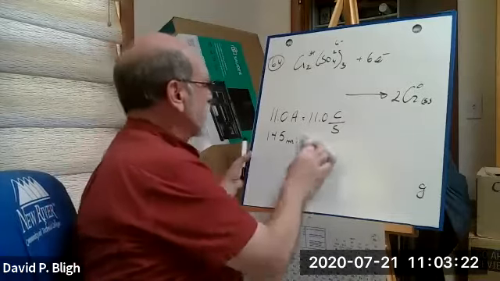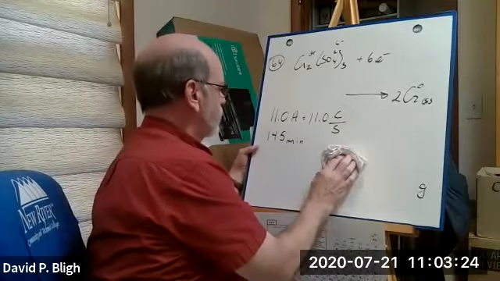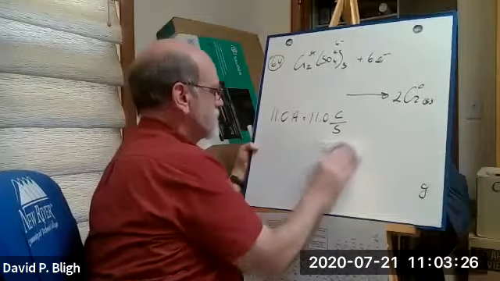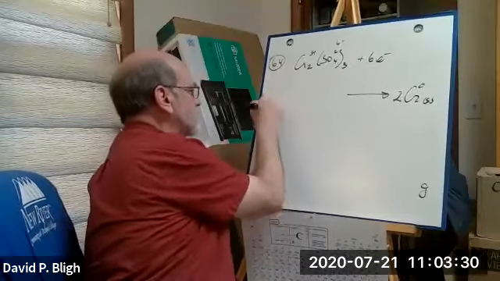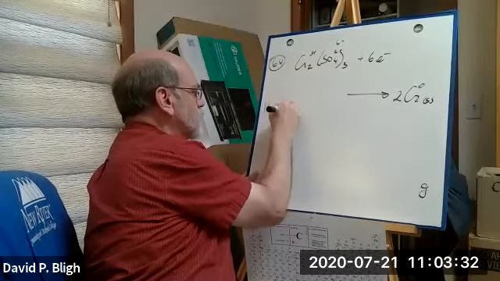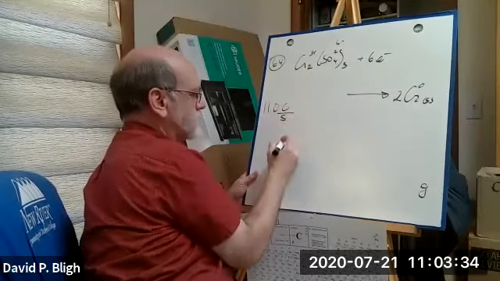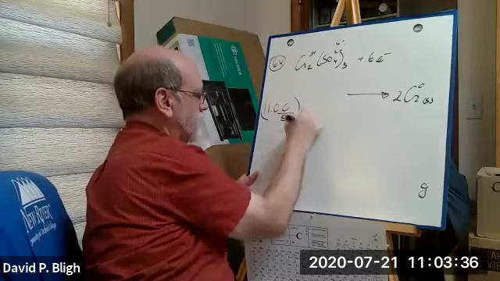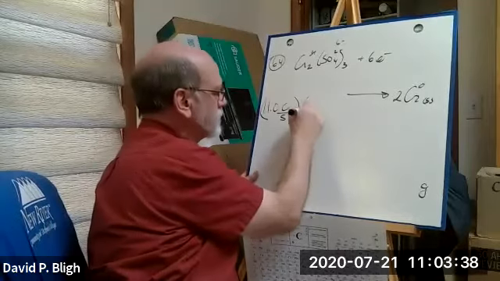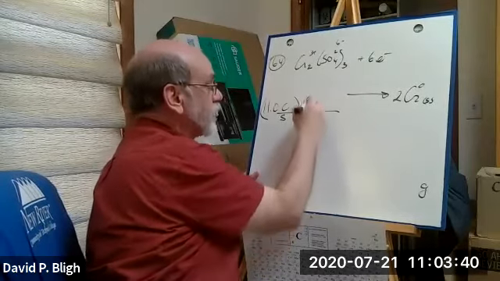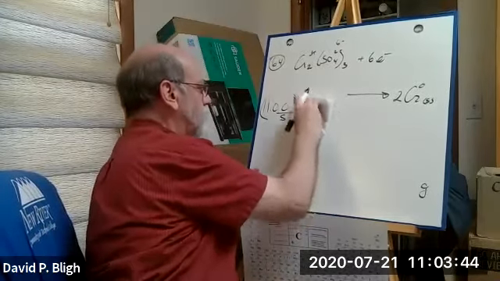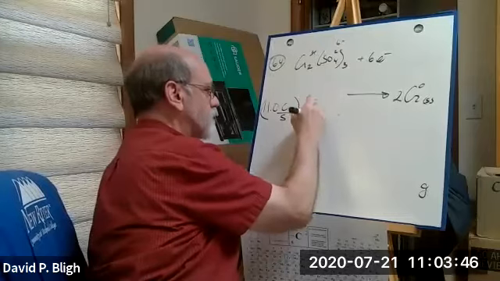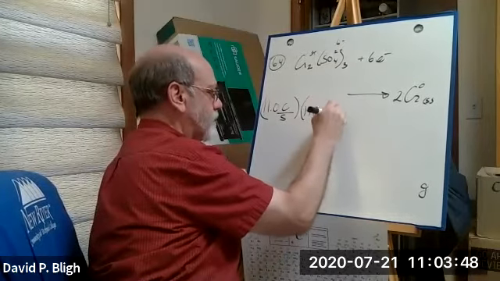All right, so let's see. Let's start off here. 11 coulombs per second. So how long is it going to be running? Well, 145 minutes. Right?